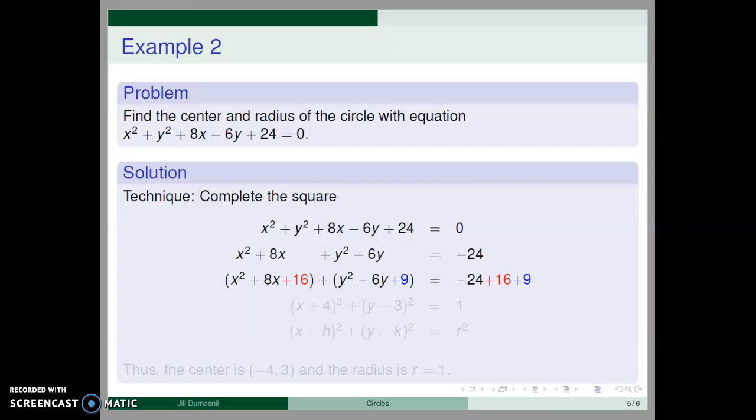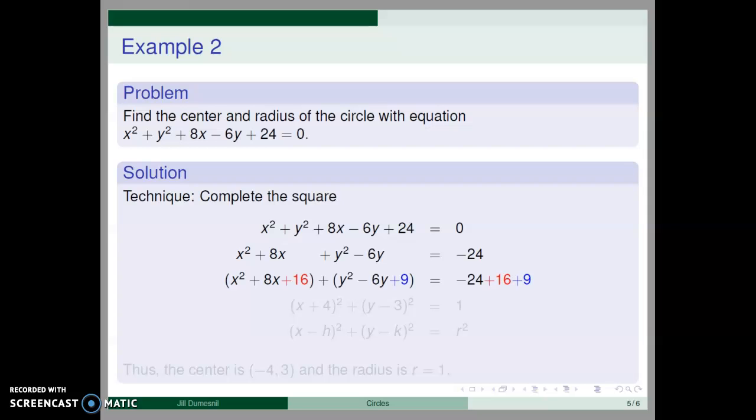Recall that to complete the square on x squared plus 8x, we take 1/2 of 8, which is 4, square it, and add that to both sides of the equation. Similarly, to complete the square on y squared minus 6y, we take 1/2 of the coefficient -6, yielding -3, square that, and add that square to both sides of the equation.